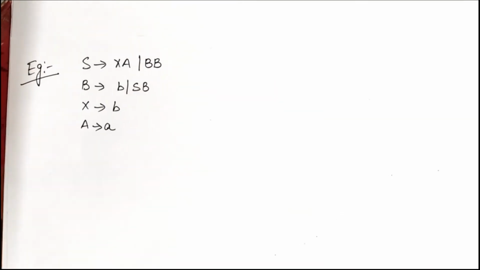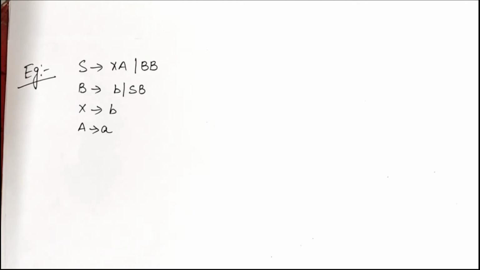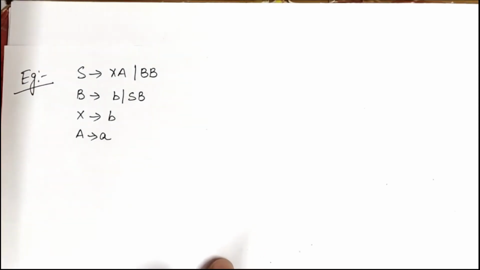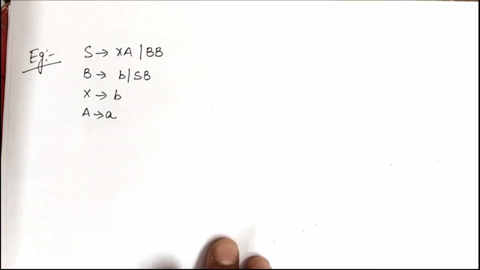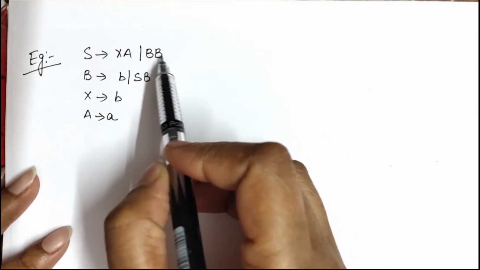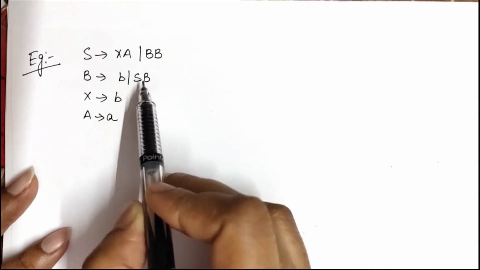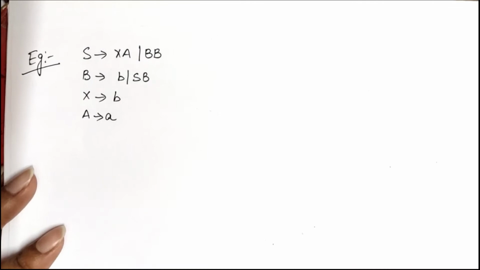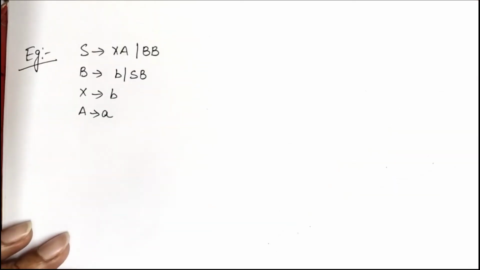So we take one example and check how we convert this context free grammar into GNF form. The example is S derives XA or BB, both capital B. B derives small b or SB, X derives B, and A derives A. First we have to check whether this grammar is a context free grammar.